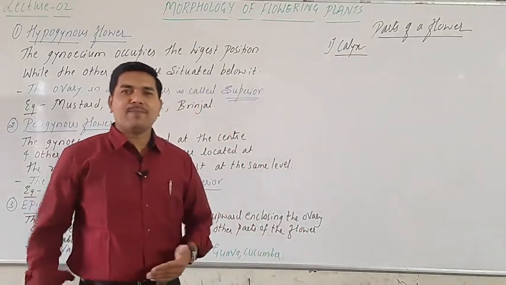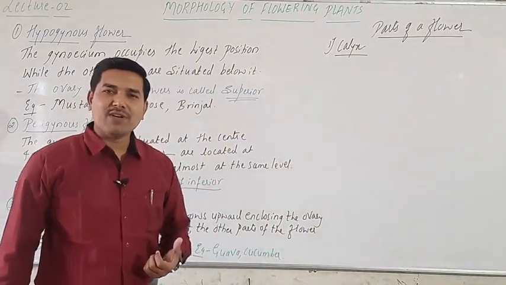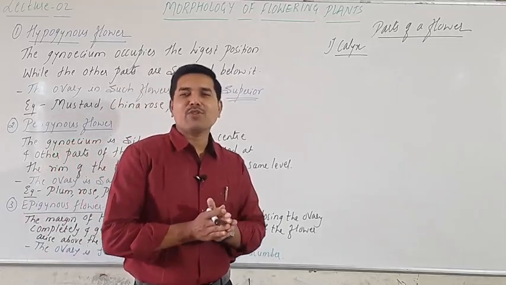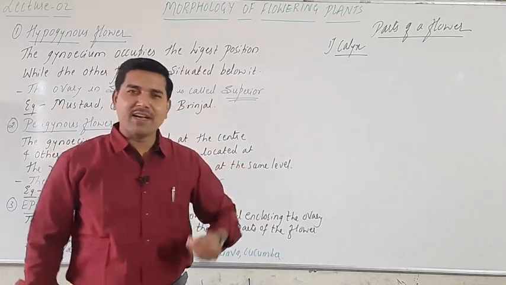Now calyx, as the name says, its units are called sepals. It is generally green in color, and the major function of the calyx is protection of the flower when it is in the bud condition.